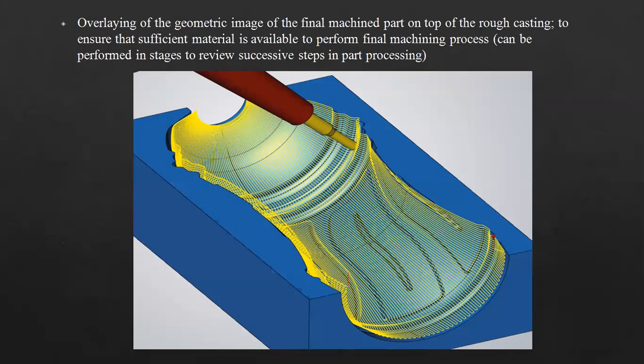As you have the example here, it can be performed in stages to review successive steps in part processing. So not just one stage after the other. You could have multiple stages, and in between each stage, you can check how the part will look and how much material will be removed, right? All of that is possible when you have the CAD model.